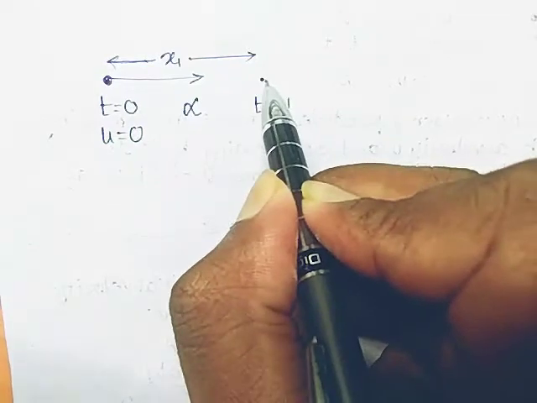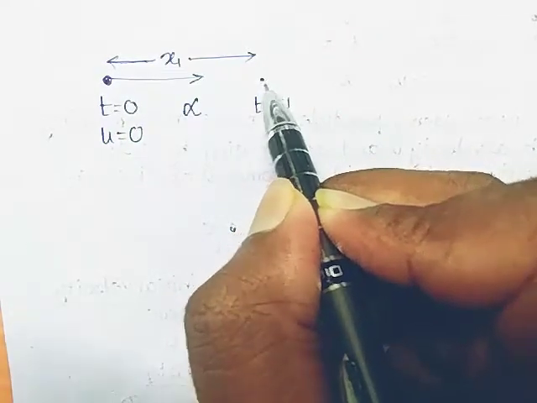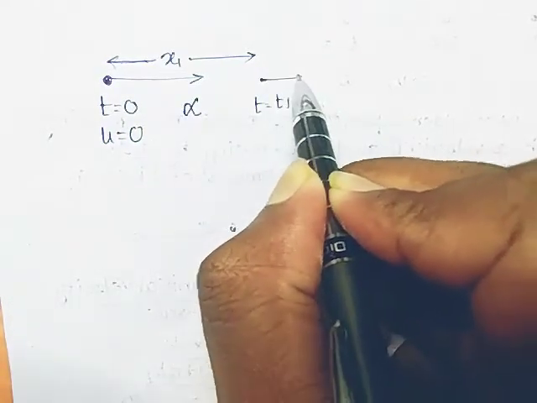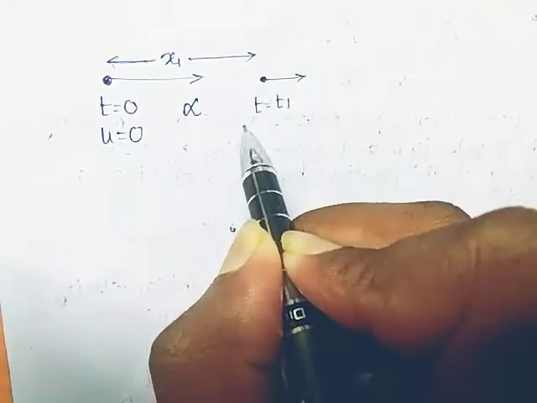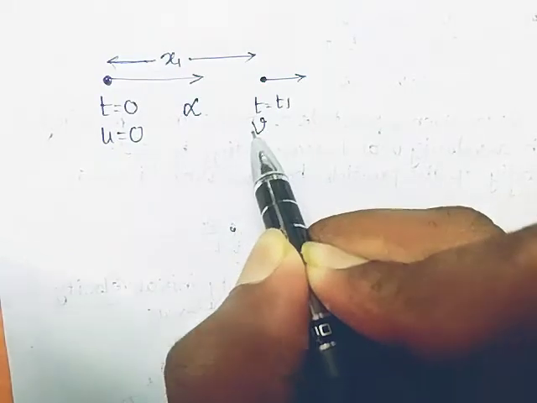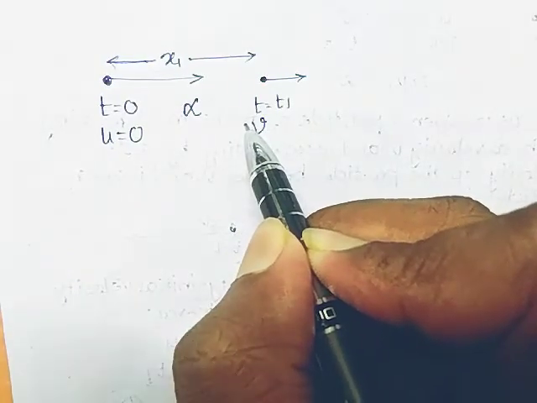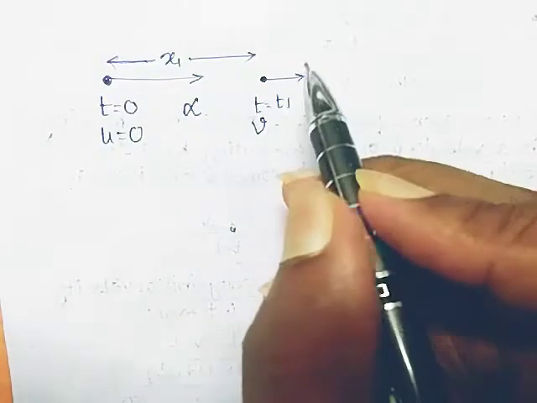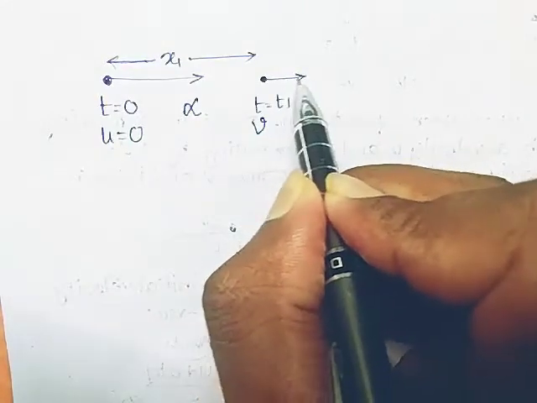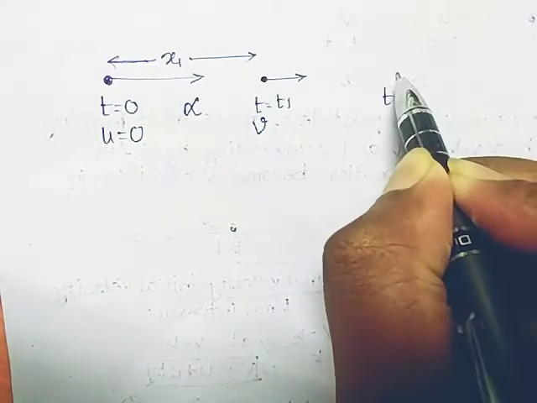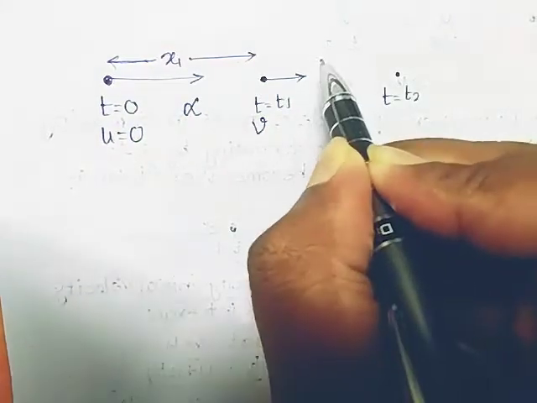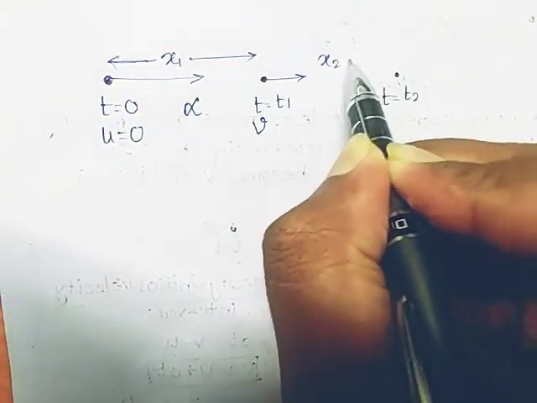Now after t equal to t1, I made a new addition: the particle now starts moving with the value of velocity it achieved here. Let us say the velocity it achieved here is v. So it continues with this velocity for the time t2, and in the meantime it covers the distance x2.